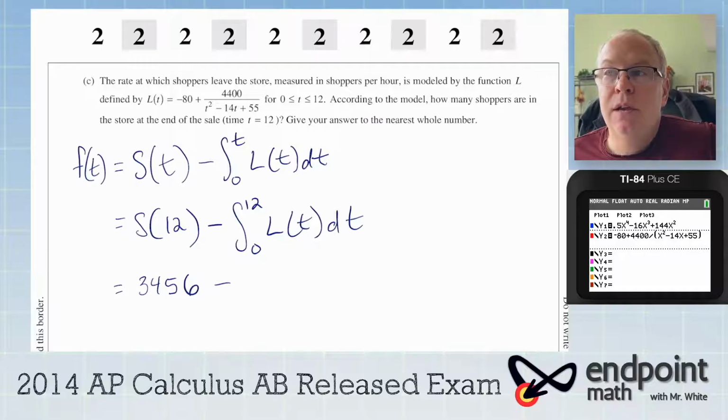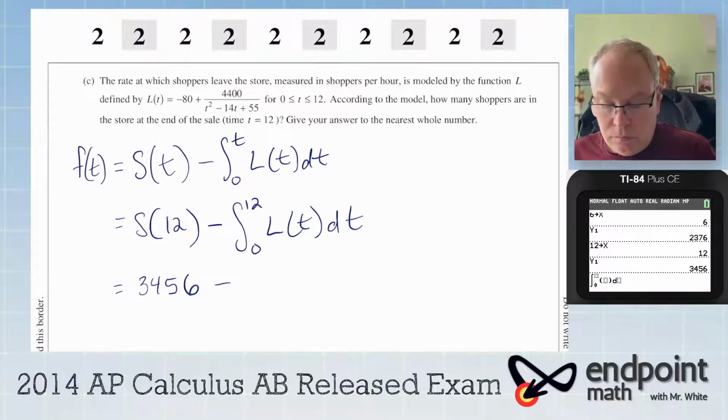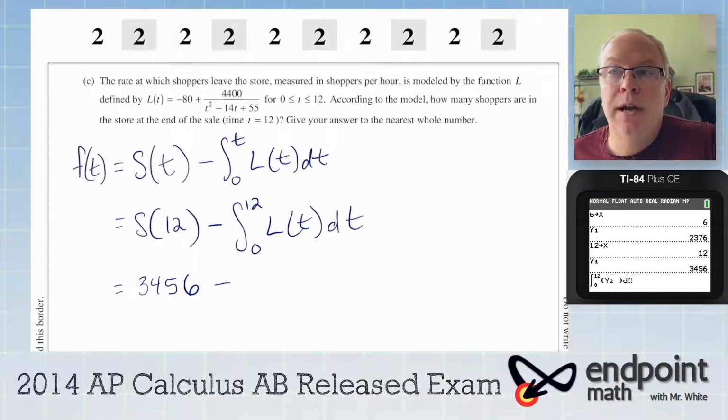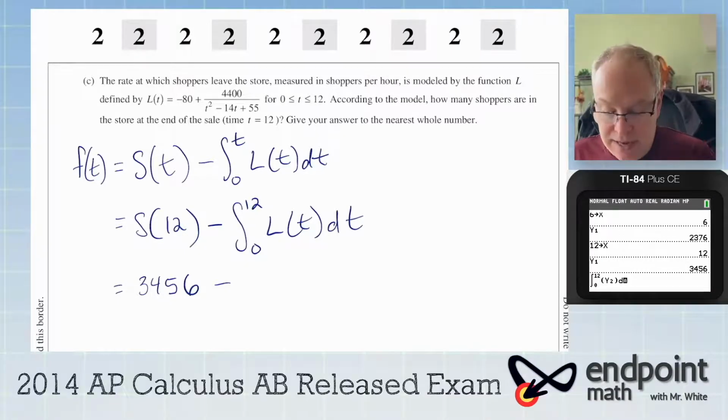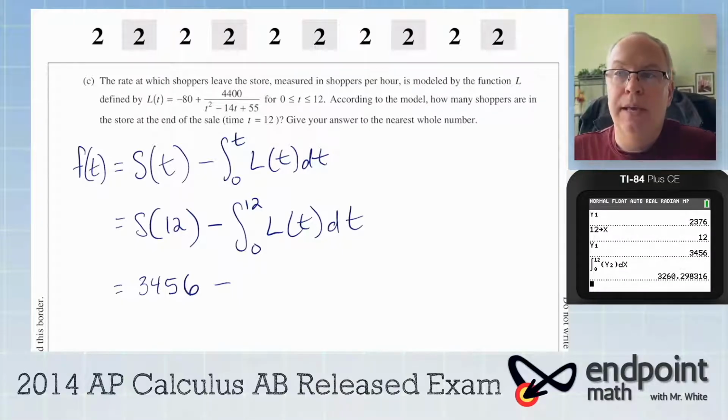So now we do second quit, and we're going to go to math. We're going to finite integration, this thing, 0 to 12. But this time we're going to use y2. So I'm going to go over here to my y variables, and I'm going to hit number 2 to get y2. And this is dx. All right, let's see what we get.